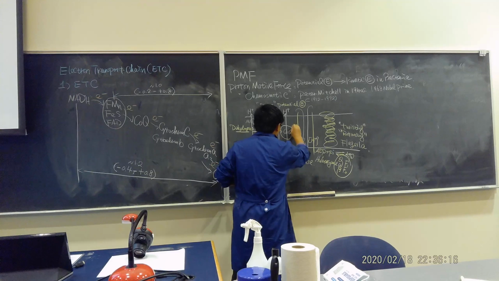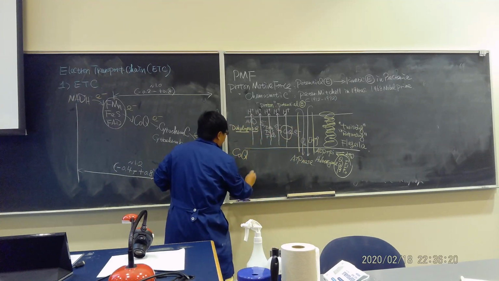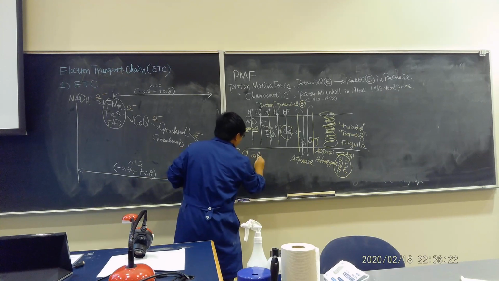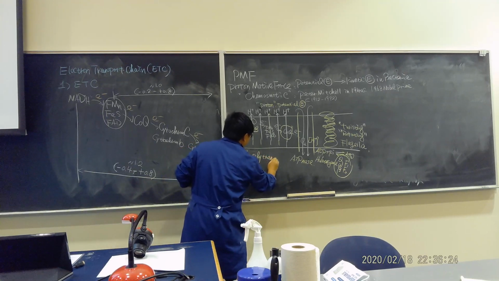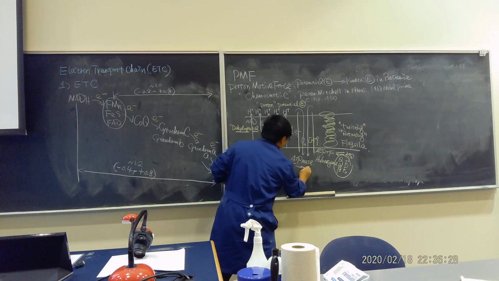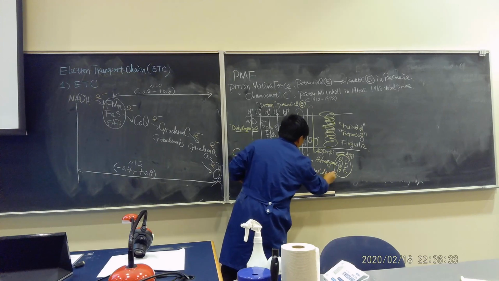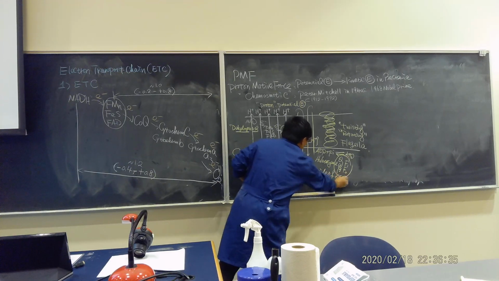Let's say this guy, coenzyme Q. This guy only transfers 2 electrons to the downside of the electron transport chain.